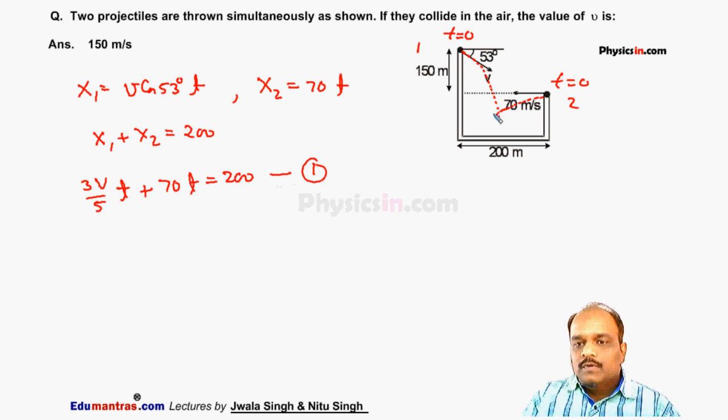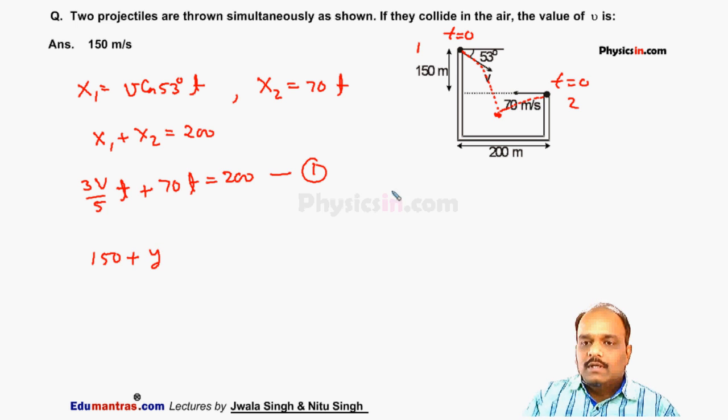In the same way, when they meet at this point, the vertical displacement of this particle is 150 plus, let this distance be y. So it is 150 plus y is equal to v sine 53, meaning 4 by 5, into t plus 1 by 2 g, meaning 10, into t square.